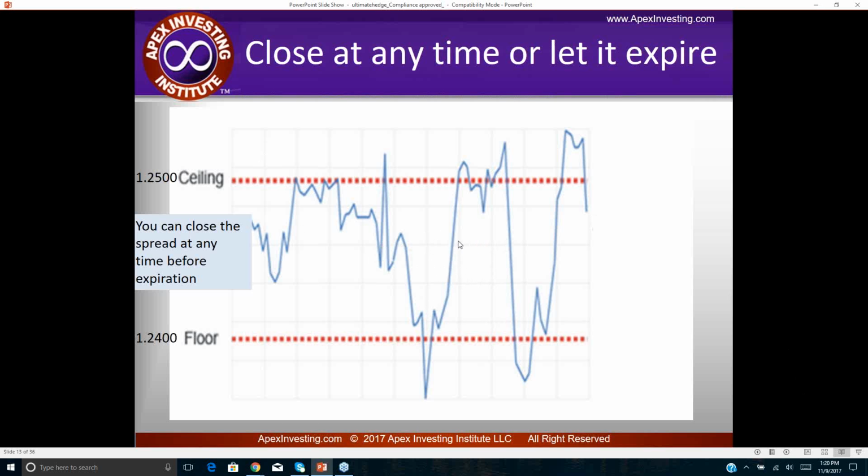Because I'm buying it at $24.50, the maximum risk is what? From $24.50 down to $2,400, right? $50 is my maximum risk. So $50 is the amount that I have to put up out of my account to enter the trade.